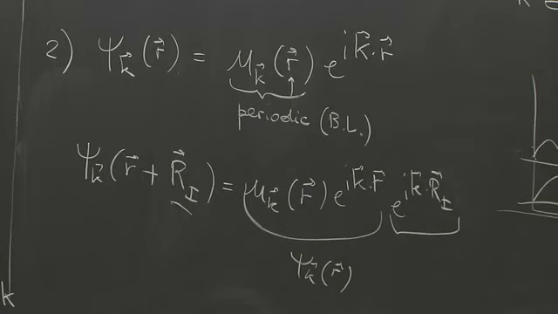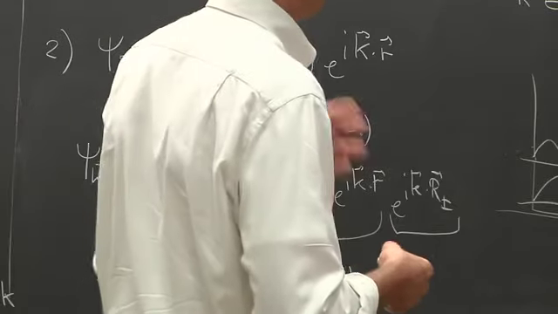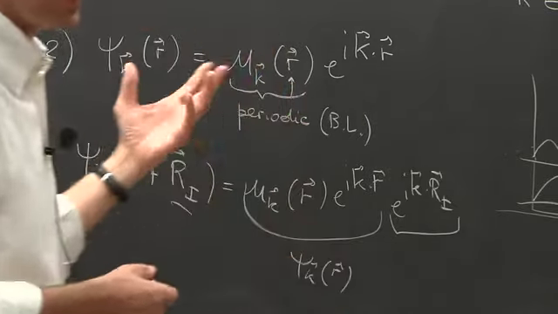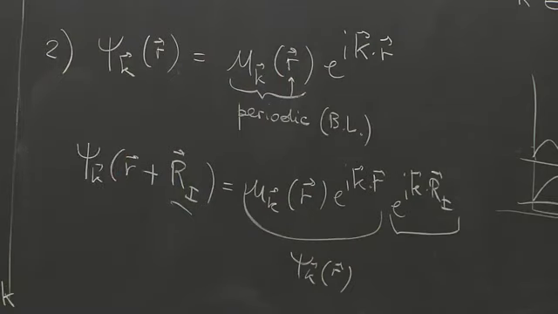So Bloch's theorem is nothing else than a rephrasing of an important property of the quantum mechanical solutions of Hamiltonians with specific symmetries. So you can see it that way as well.